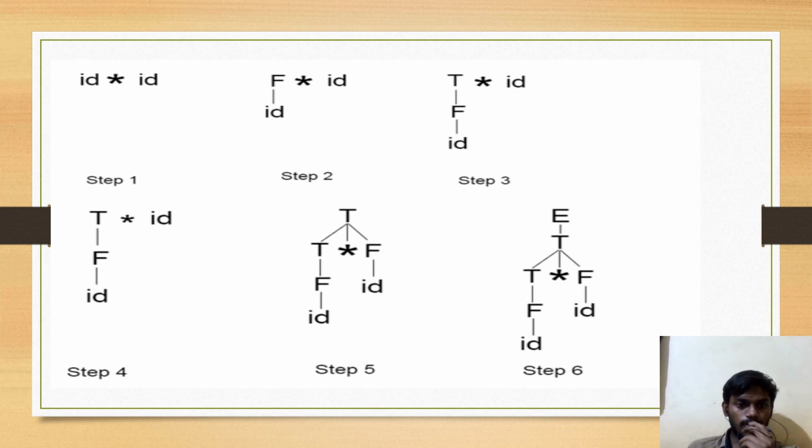In step 4, T into id, and in step 5, T can be divided into T and F, T into F. Then T tends to T into F, T tends to F, and F tends to id. Here also F tends to id. And in step 6, E tends to T, T tends to T into F, T tends to F, and F tends to id.